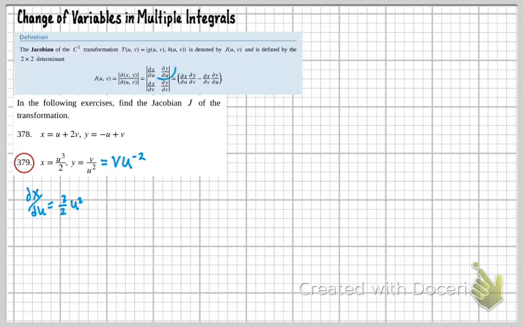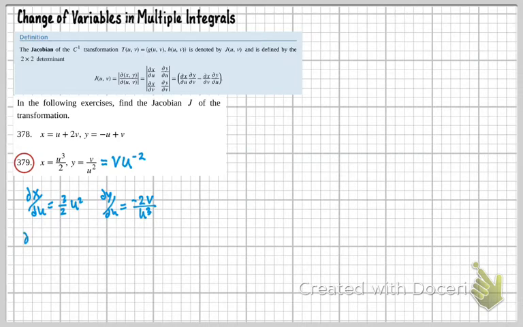And then we're going to do the dy/du, and dy/du is going to be negative 2v over u cubed. And that's why I wrote it this way here, so I could actually see that very clearly.